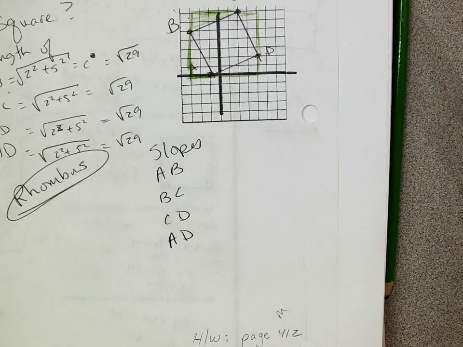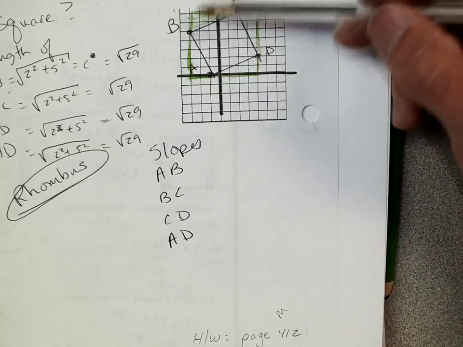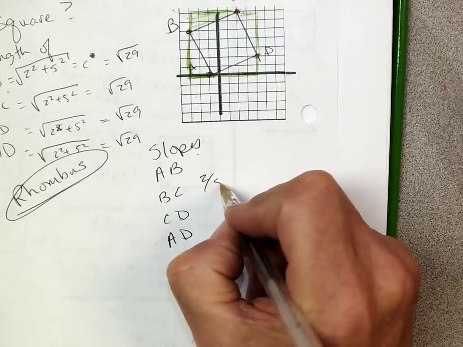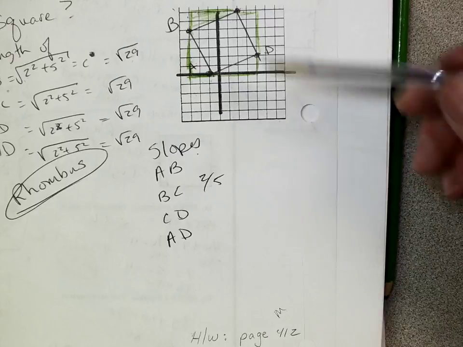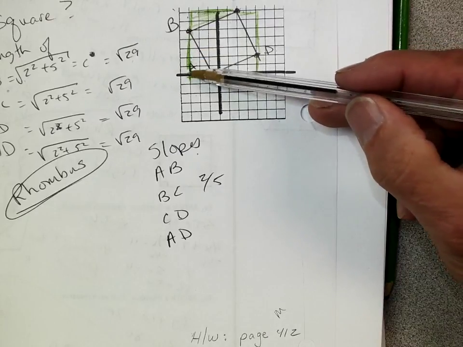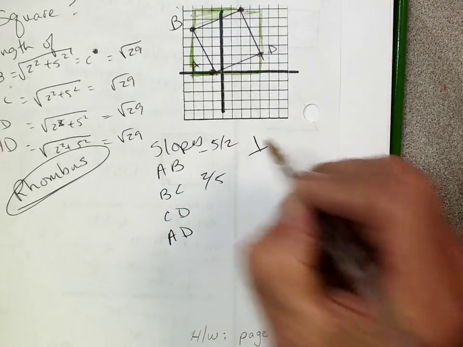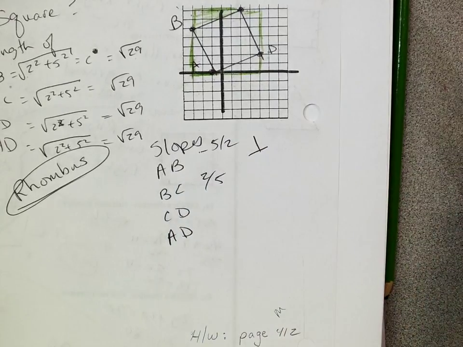So we're going to count to get the slope because slope is just rise over run, and we already have the triangles in front of us, so we already know it, right? So the slope, ready? Up 2 over 5. BC is 2/5, okay? AB is down 1, 2, 3, 4, 5 over 2. Down 5 over 2. Those are perpendicular, aren't they? Opposite slopes.